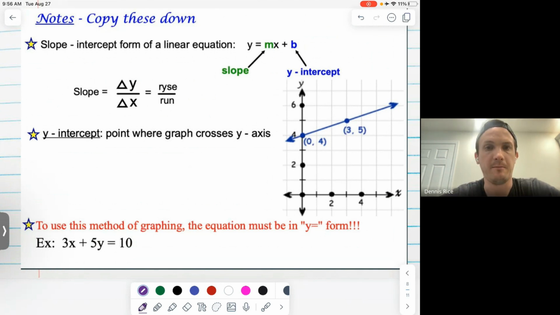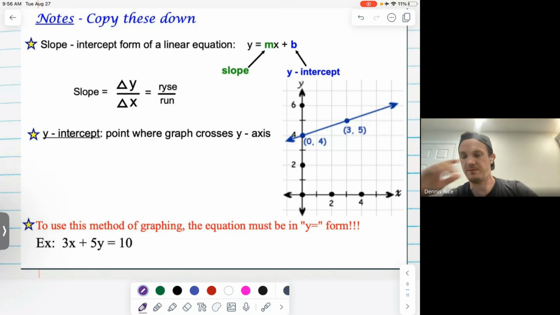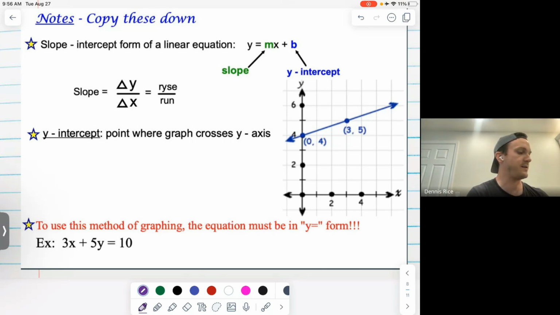So one of the major techniques when you first start graphing, you guys this year might have done some, did you do any graphing lines in 6th grade? I know you did plotting points, that's a 6th grade standard, but did you actually graph lines? So one of the ways that you start graphing lines is making a table of values, right?